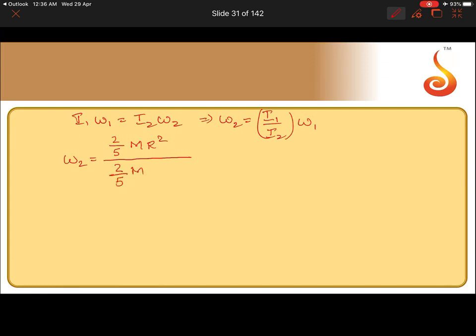R will become a little more than this, so it will be R into 1 plus alpha delta theta, this whole square into omega 1.